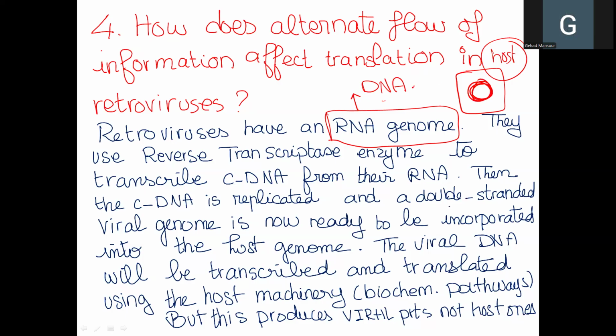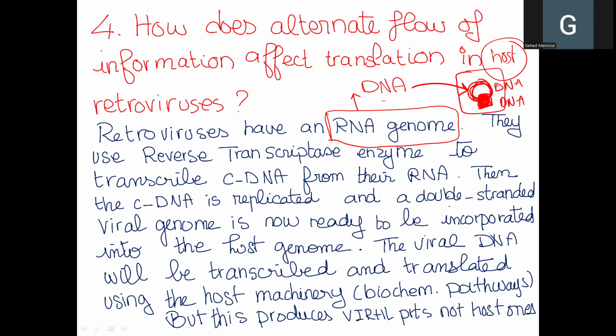So if they want to infect that host cell and insert their viral genome into the host genome, it's more appropriate to have a DNA genome, because the DNA of the virus would be much easier to attach or anneal to the DNA of the host.